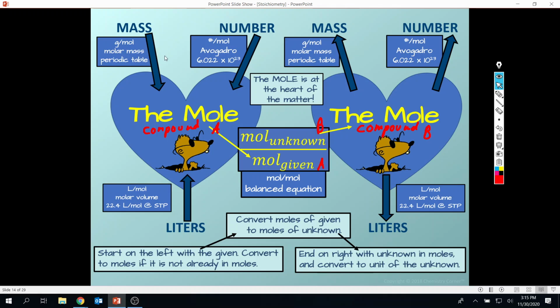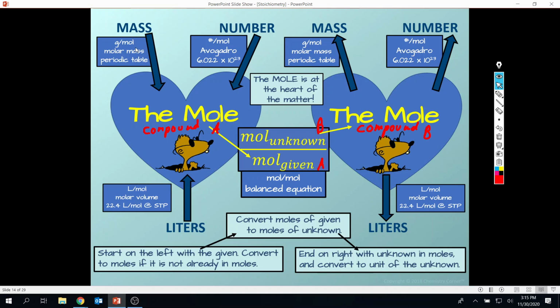Okay? So again, let's say that you started with grams of something and you were asked to finish with grams. You would go grams to moles, moles of A to moles of B, and then moles of B to grams of B. Okay? Hey, do we see how that's going to work? It's this one graphic that we've been using. Okay?